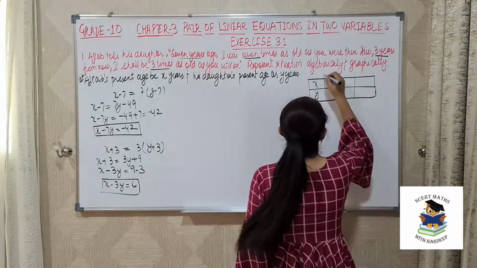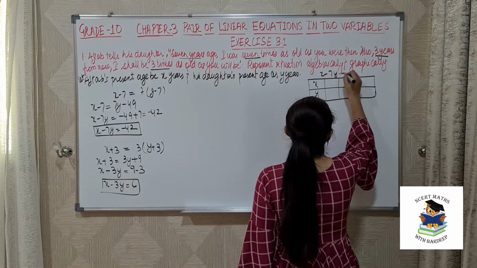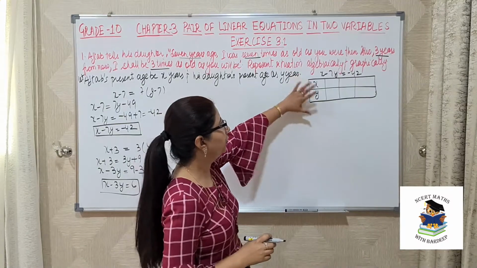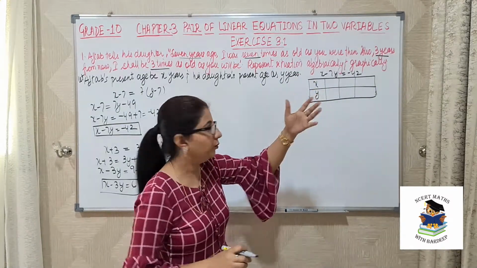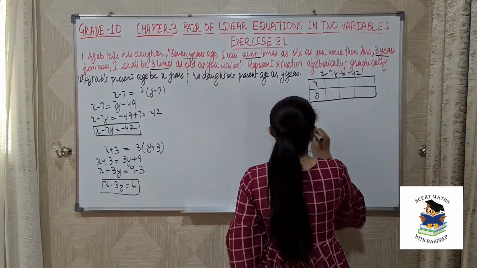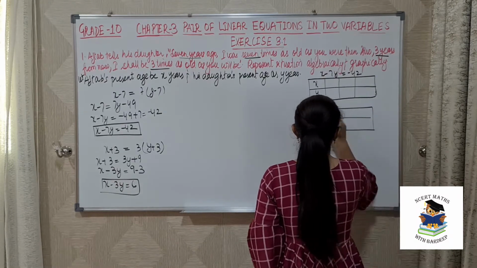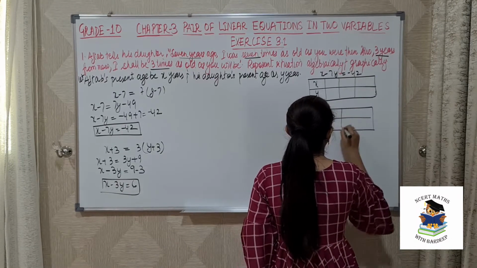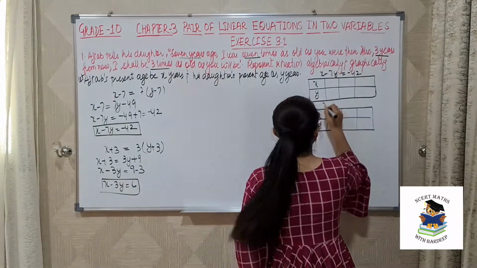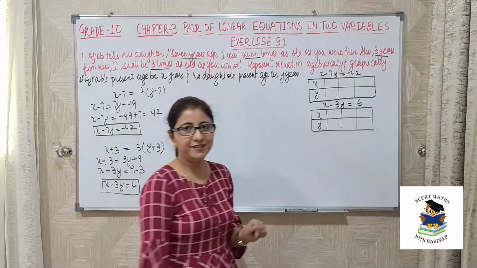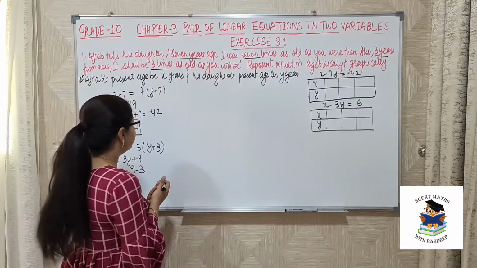Okay, so first equation is x minus 7y equals to minus 42. So always write equation above that table so that we should know that this table belongs to which equation. So again, second table, equation is x minus 3y equals to 6. So now let's complete these tables.